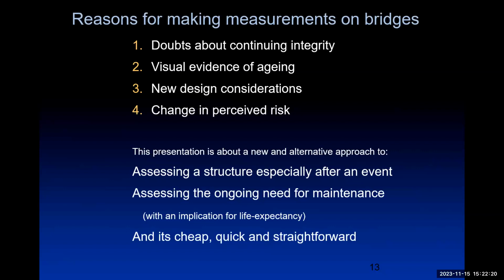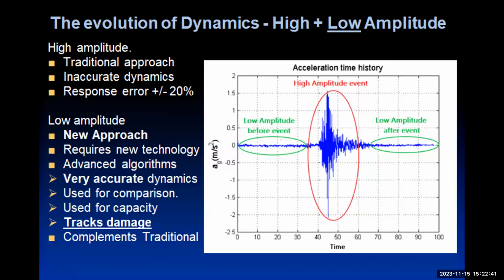And so this presentation is all about a number of different things, including an alternative approach to assessing structures, bridges especially, and assessing the need for ongoing maintenance with an implication to the life expectancy of bridges.